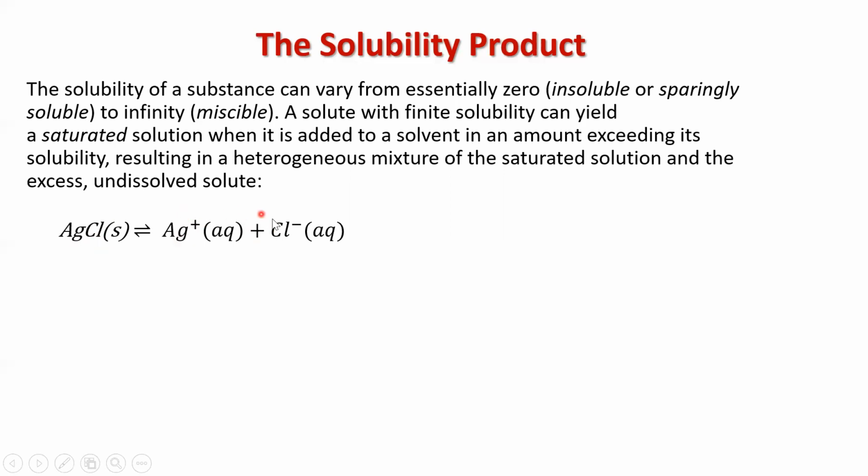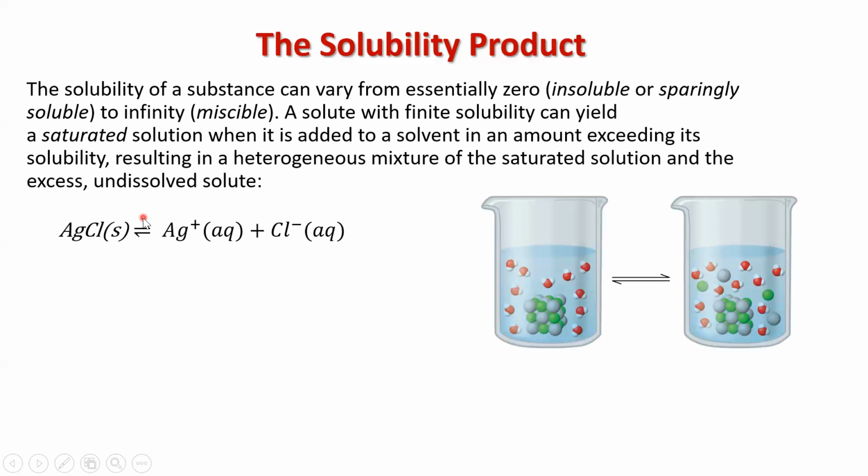But as those ions are formed, eventually the reverse reaction is going to start until we get to an equilibrium where the rate of dissolving in the forward direction equals the rate of precipitating in the reverse direction. At that point, we have a saturated solution. So a saturated solution is a solution that's at equilibrium between the dissolving of the solid and the precipitating of the ions. Now, since it's in equilibrium, we can write a K expression.